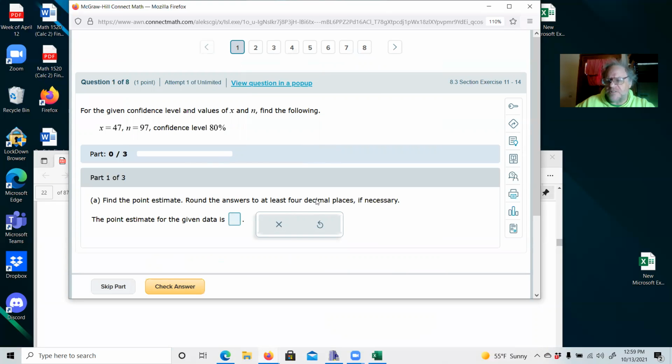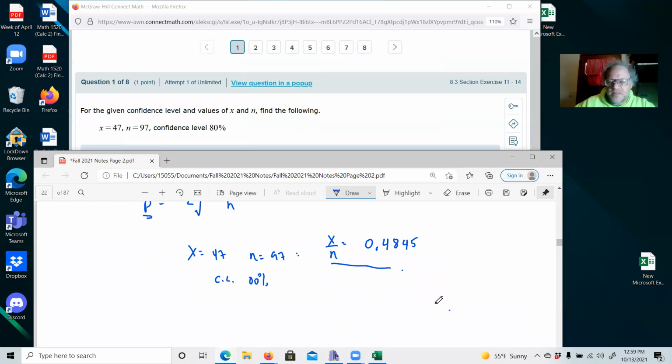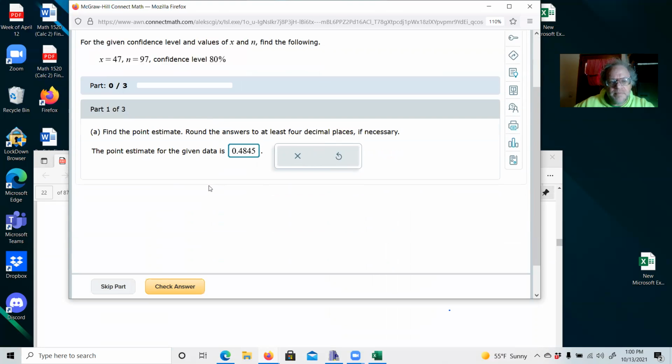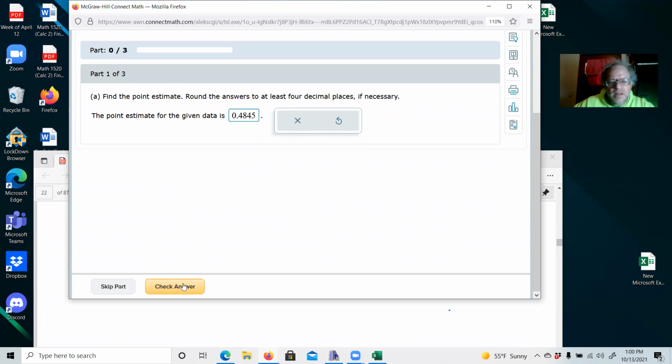Round answers to 4 decimal places. This is the point estimate. This is p hat. Okay, I took the number we got right, divided by the total. That's our p hat. Okay, so 0.4845. Before they yell at me, let's put in a leading 0.